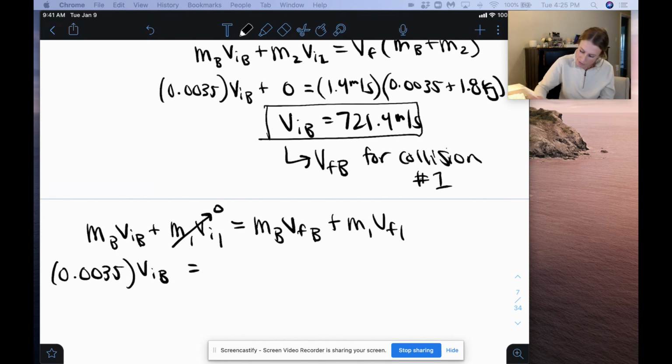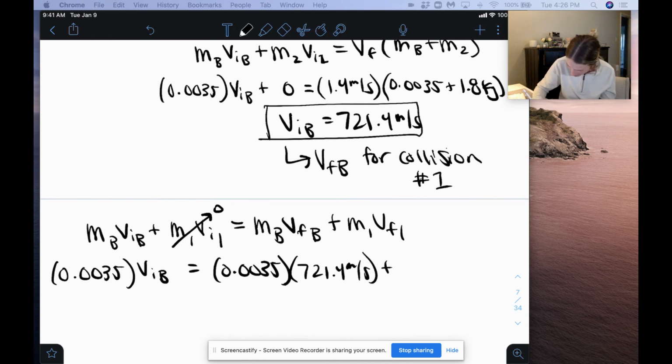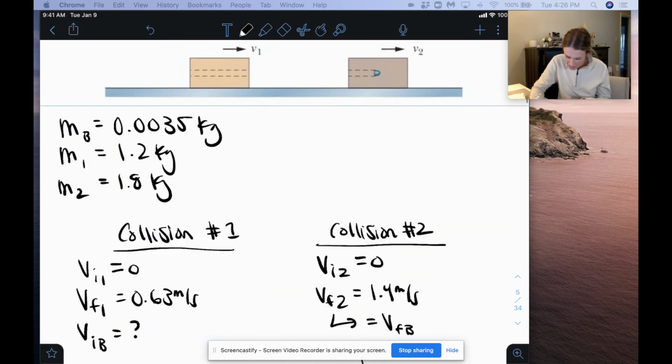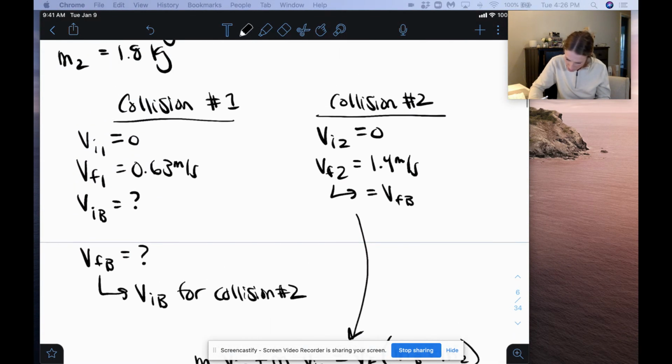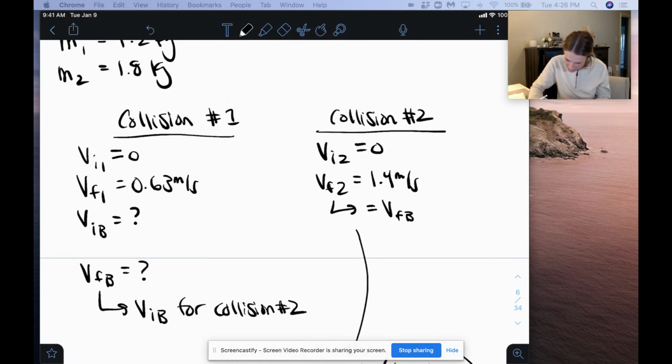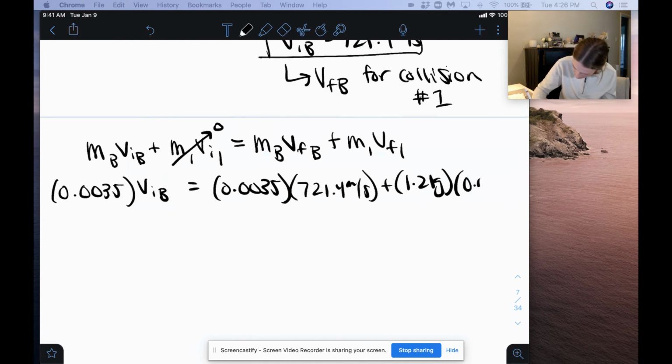And then I get equals mass of the bullet, 0.0035, times final velocity of the bullet, which is the initial velocity of the bullet for collision number 2, which we just found to be 721.4 meters per second, plus mass of block number 1, which was 1.2 kilograms, times final velocity of block number 1, which was 0.63 meters per second.